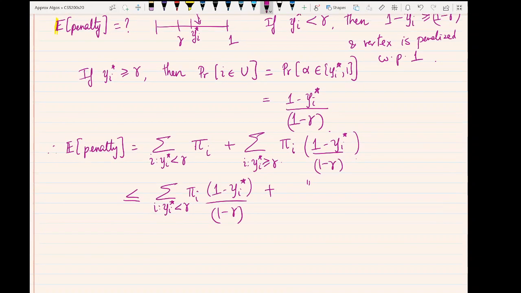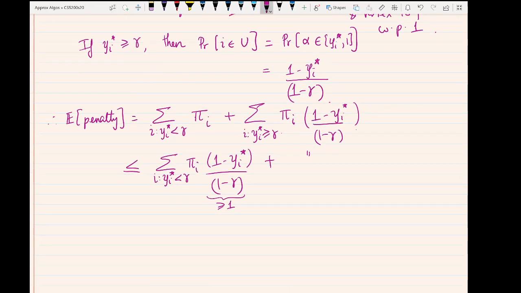All I'm using is the fact that 1 minus yi star divided by 1 minus gamma is greater than or equal to 1 if yi star is less than or equal to gamma. Okay, so the whole term is simply less than or equal to 1 over 1 minus gamma times summation over all i, irrespective of whether the yi star value is less than gamma or greater than gamma, of pi i times 1 minus yi star.